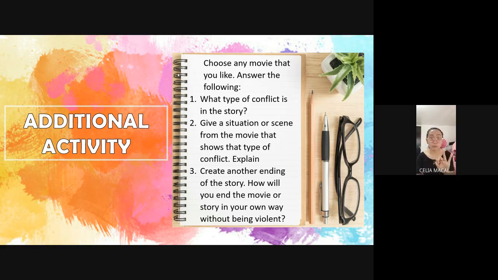Number two, give a situation or scene from the movie that shows that type of conflict, and explain why. And lastly, create another ending of the story. If you were the writer of the story, how would you end the movie and resolve the conflict without being violent?